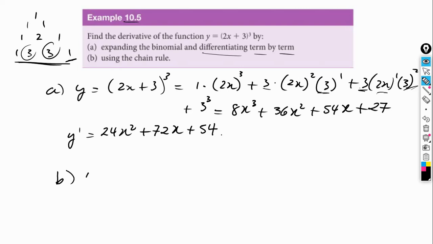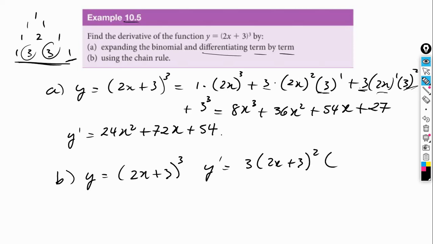Because if we have that y is equal to (2x + 3) cubed, the derivative would then be, remember, derivative of the outside, so 3 times (2x + 3) squared, times the derivative of the inside, which would simply be 2.